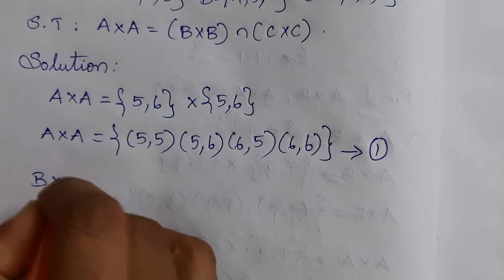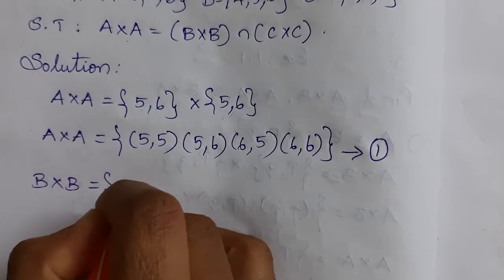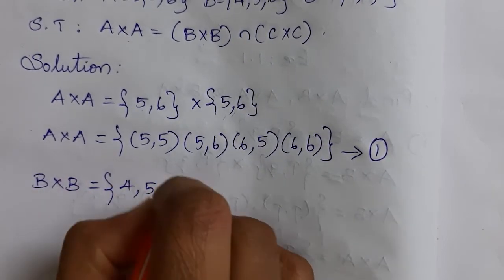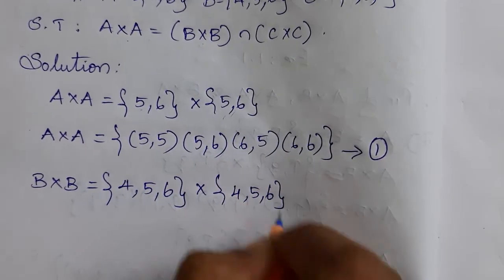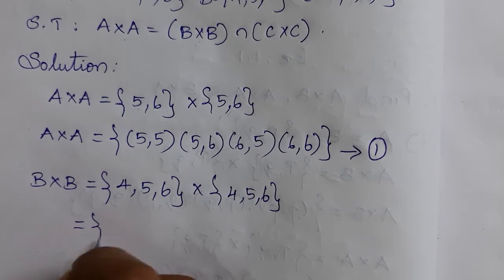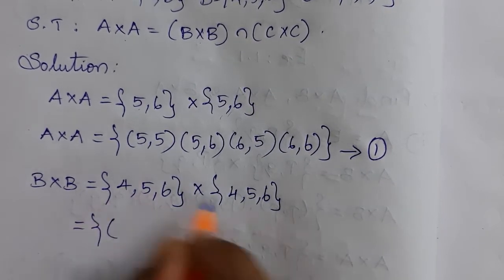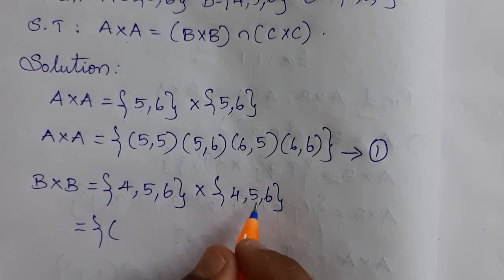Then B cross B. B cross B is 4, 5, 6, where again B is 4, 5, 6. Now let's write this in ordered pairs, which is first element 4 with all the 3 elements of the second.